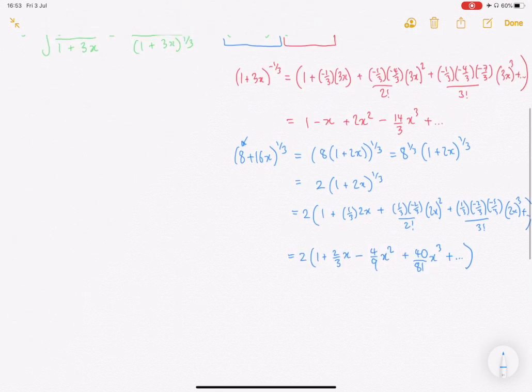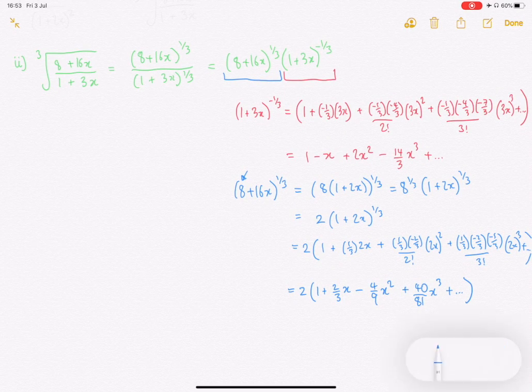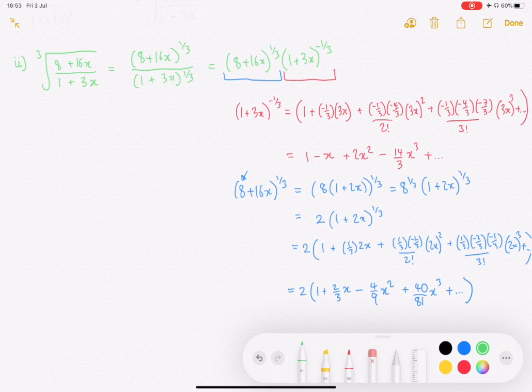So we've got these two things expanded individually. So now we need to multiply these two together.